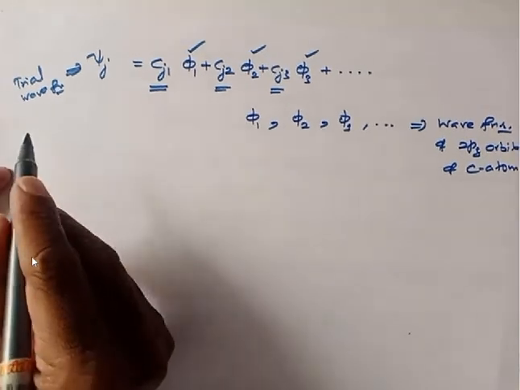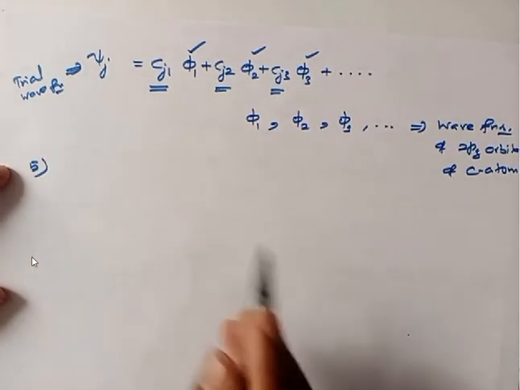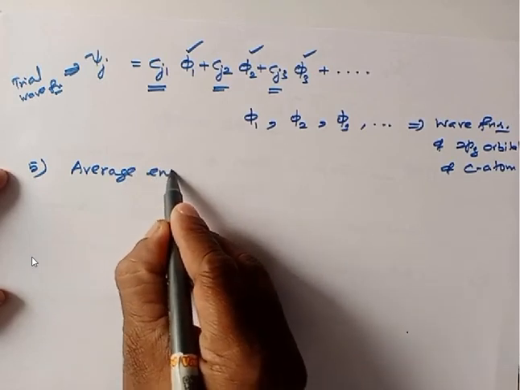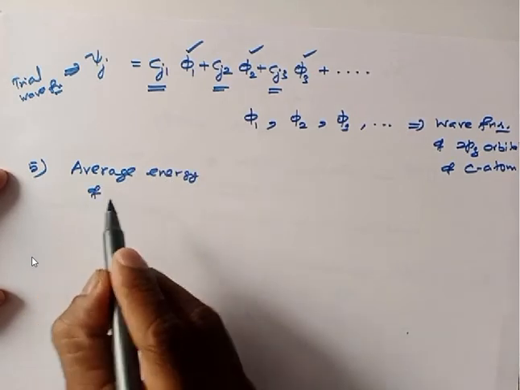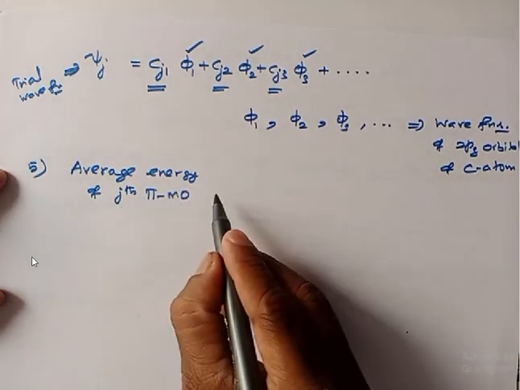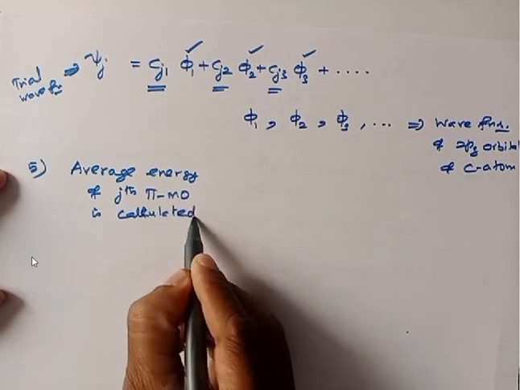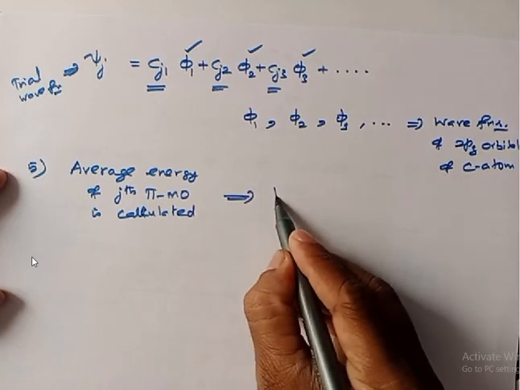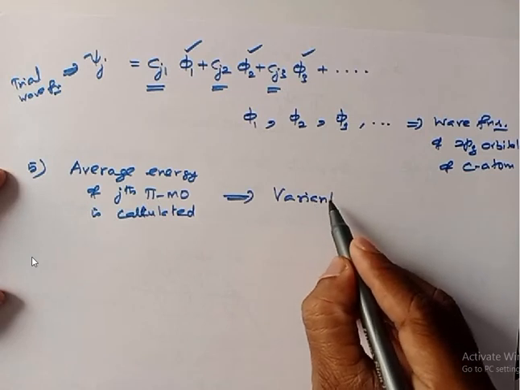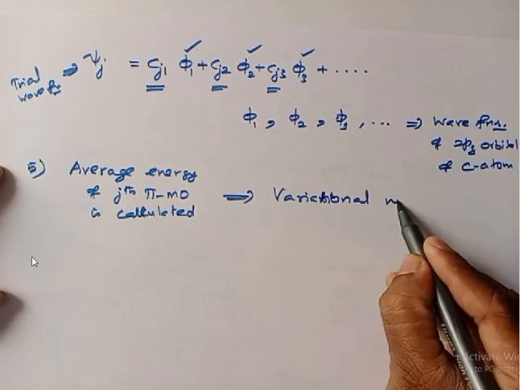Okay, so the next assumption is that the average energy of, say, the jth pi molecular orbital is calculated using the variational principle, the variational method.